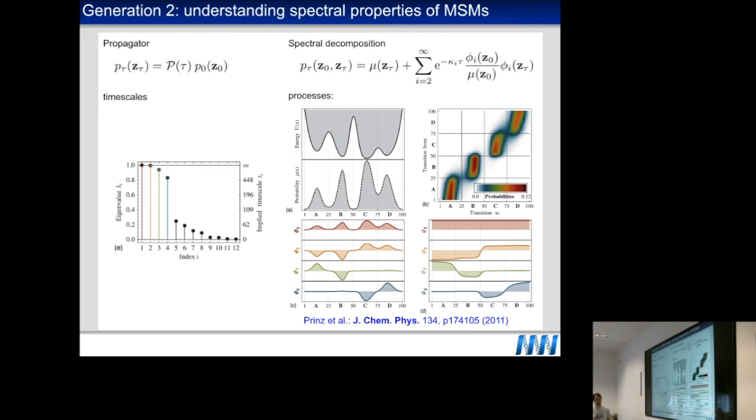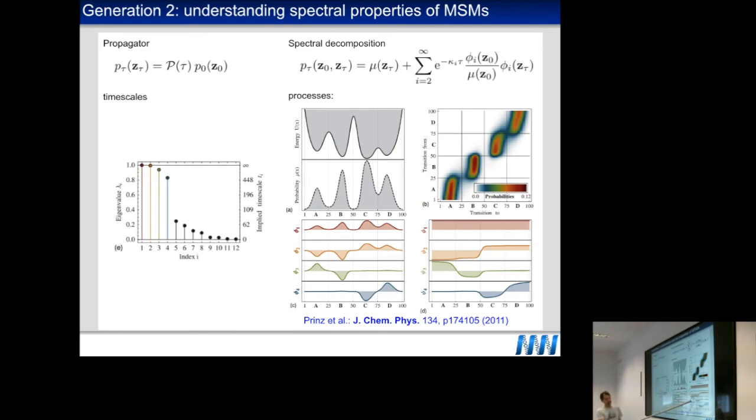You can just multiply it with some value. It's still an eigenfunction. So that means on the slowest time scale, corresponding to this eigenvalue very close to 1, there is a transition between AB and CD. That means across this barrier. And that is obviously the slowest process in the system.